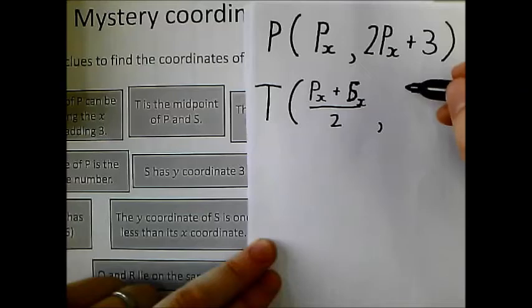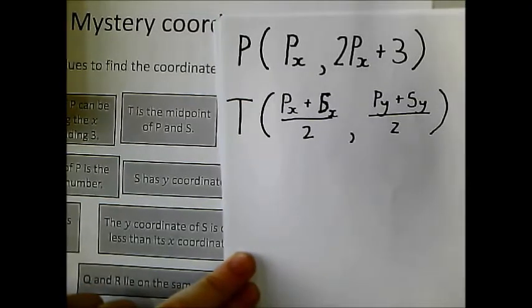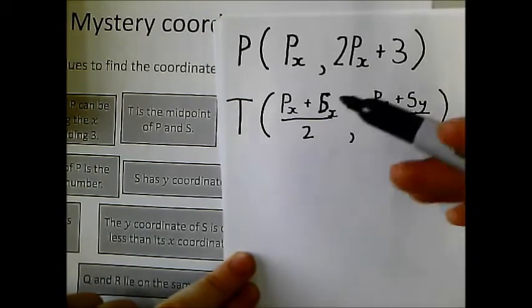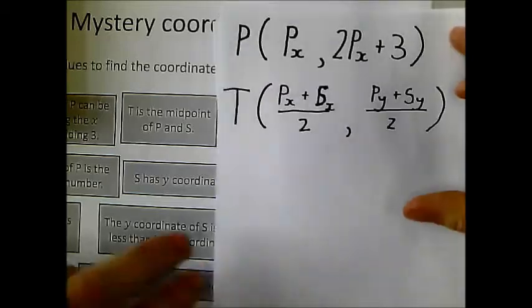And for the y coordinate, I add the y coordinate of P and the y coordinate of S and divide by 2. Slowly and surely I'm going to get more and more information, and I'm going to be able to start to work backwards and get all of my numbers.